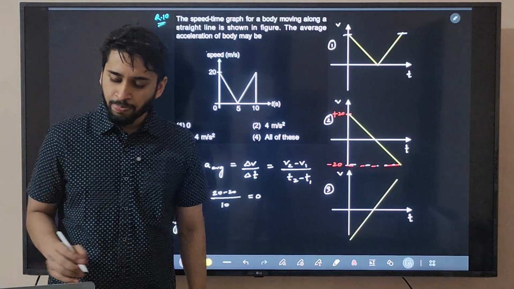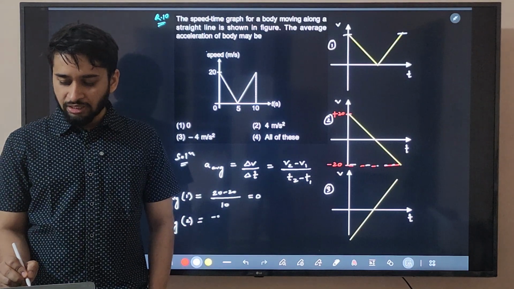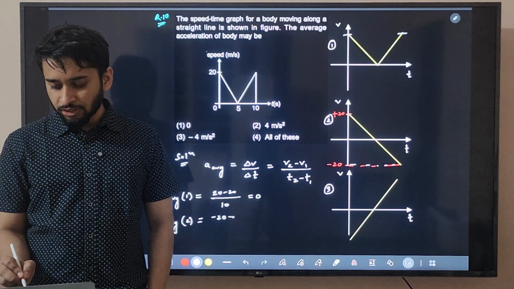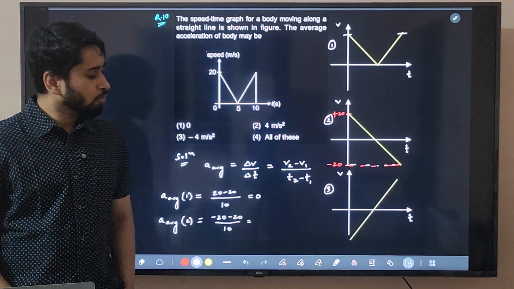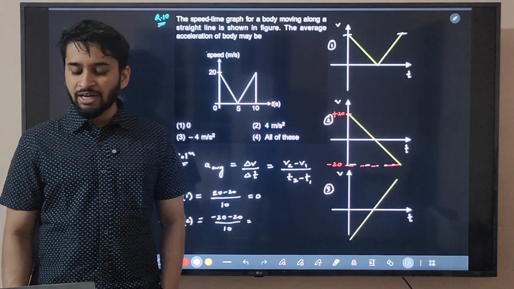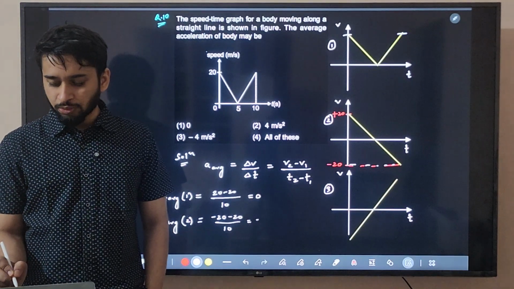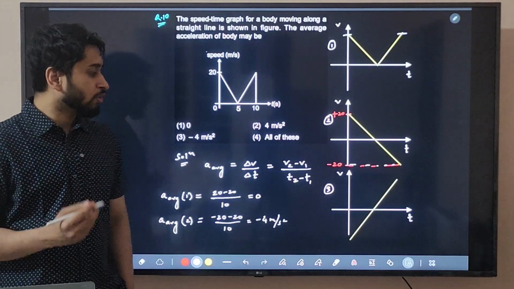Negative 20 and positive 20. So final velocity will be minus 20, initial will be 20, divided by 10. So minus 40 by 10, right? That becomes minus 4 meter per second square. So minus 4 meter per second square is also a possibility.